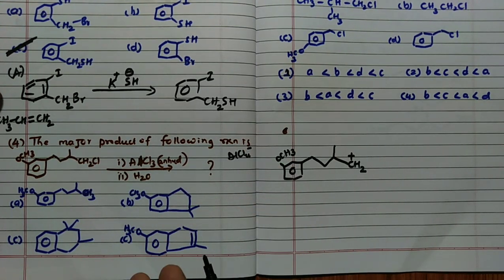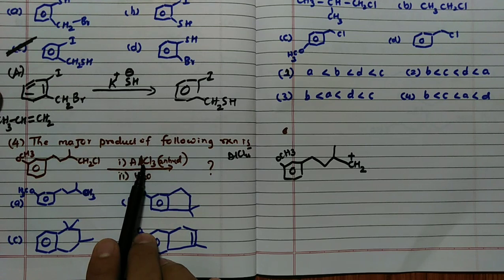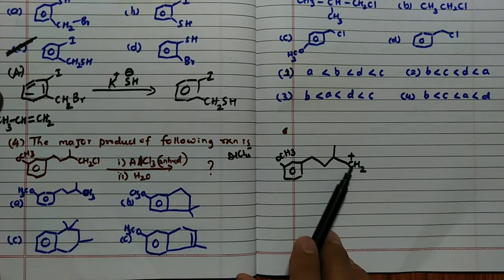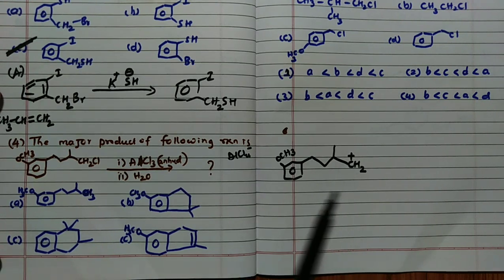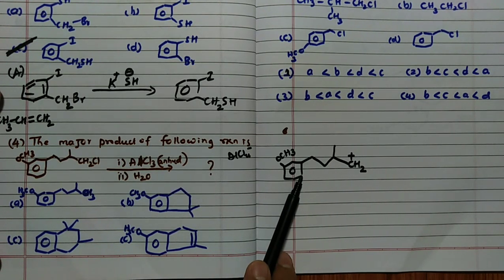It is just like a Friedel-Crafts alkylation, only the difference is that here the reagent is not given. So this is the carbocation formed, and it will replace the adjacent hydrogen.